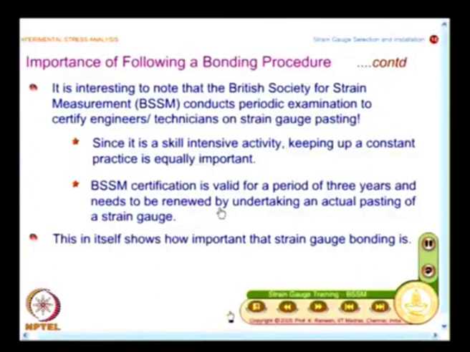Have you been pasting strain gauges, do you know the nuances of it, and are you able to make it so that, for simple problems, the results from strain measurement match closely with the analytical or numerical solution that is available? The very fact that a professional society conducts an examination and makes the certificate valid for a period of 3 years shows how important strain gauge bonding is.